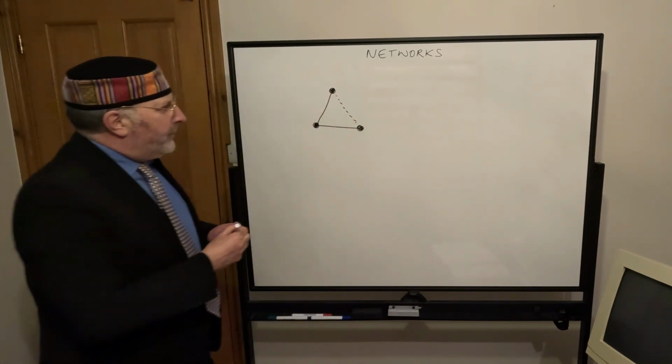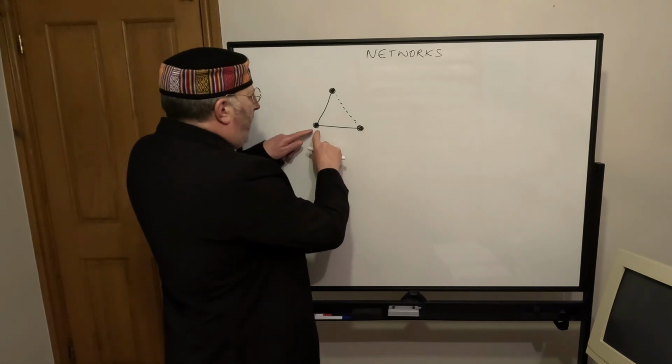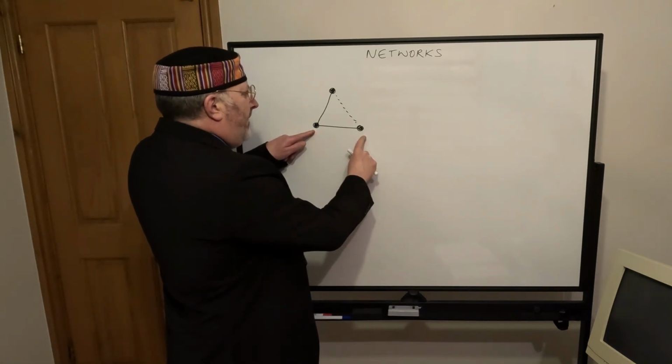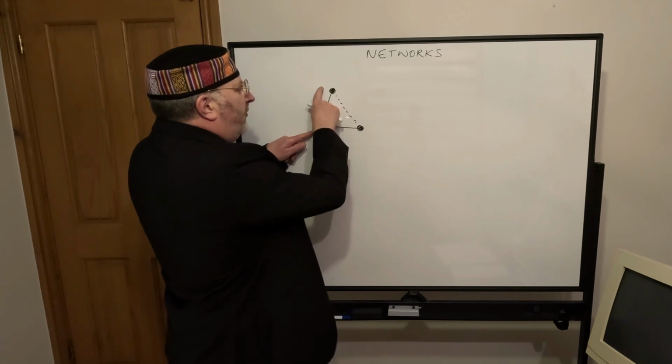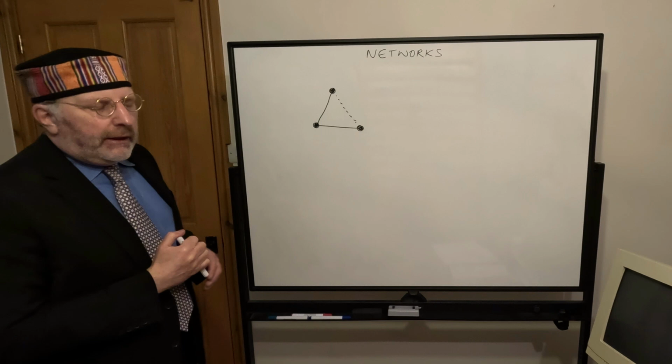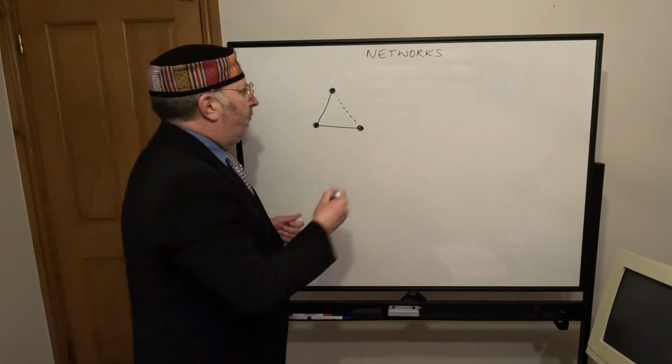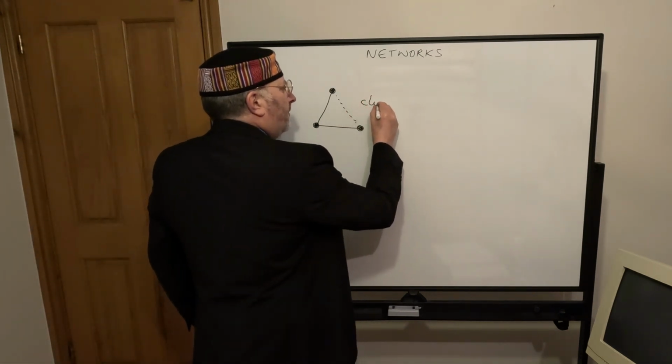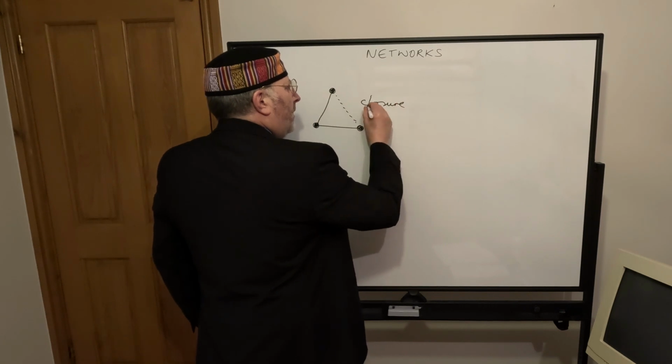It's like saying, if A is friendly with B and also with C, are B and C friends as well? This is known as the closure of the triad.